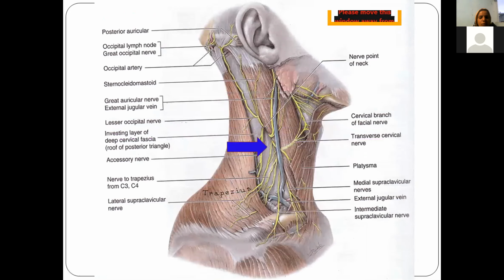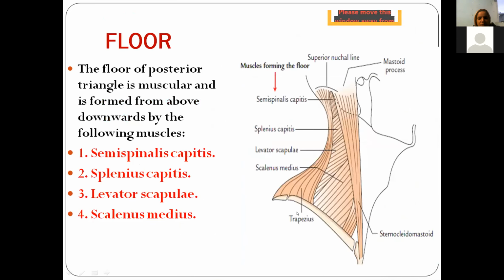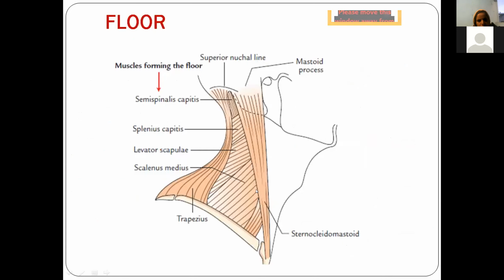So what are the floor muscles we have? Look at this picture again, Vishram Singh's picture, and write in your own words. The floor muscles are semispinalis capitis, splenius capitis, levator scapulae, then scalenus medius.